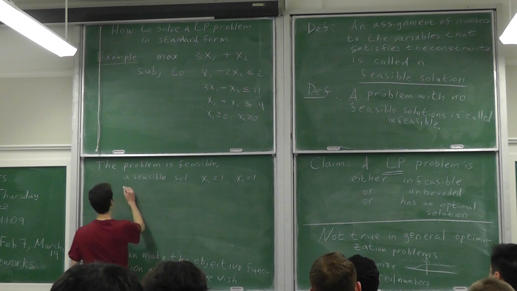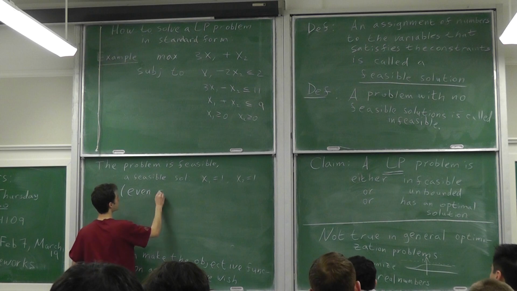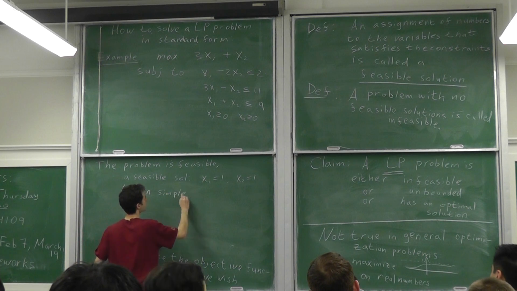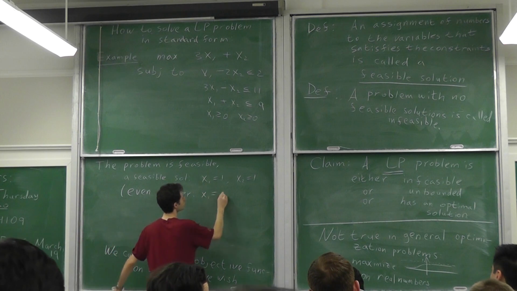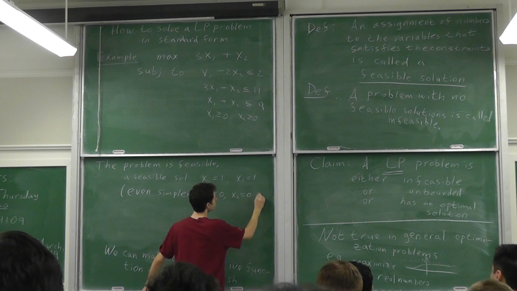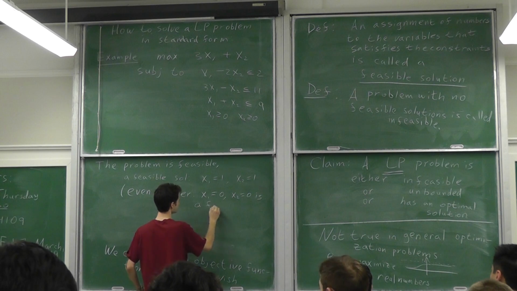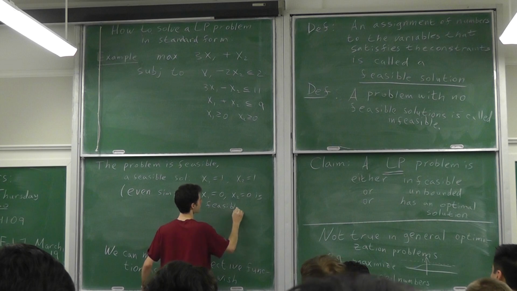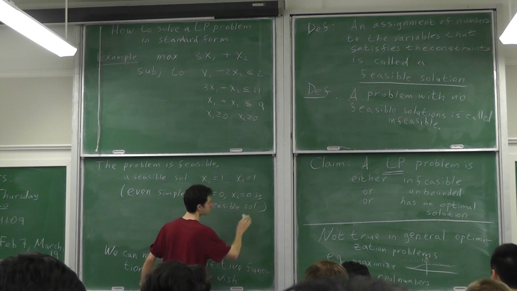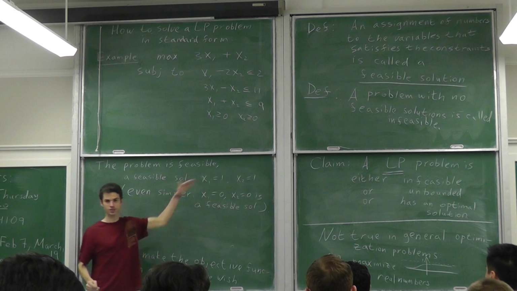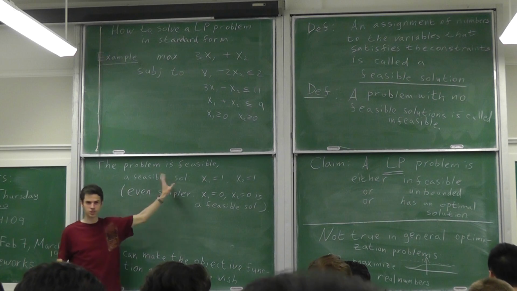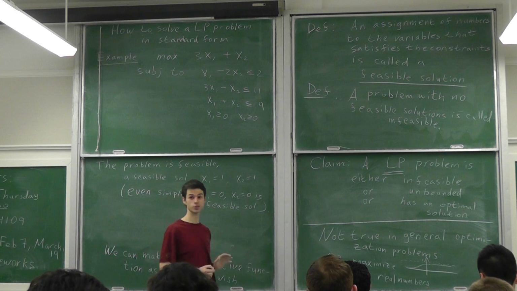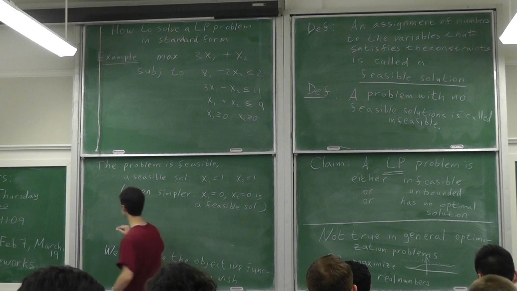So even simpler: X1 equal to 0, X2 equal to 0 is a feasible solution. But anyway, the other one would require just a little bit more calculations, but it was also a feasible solution.